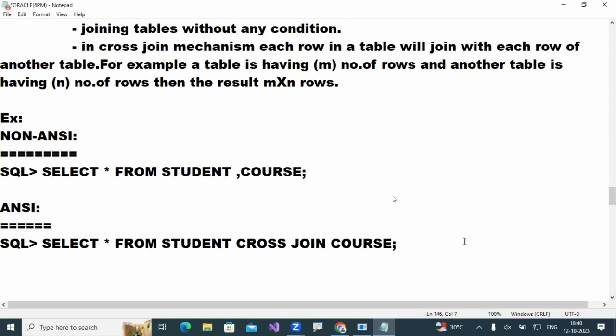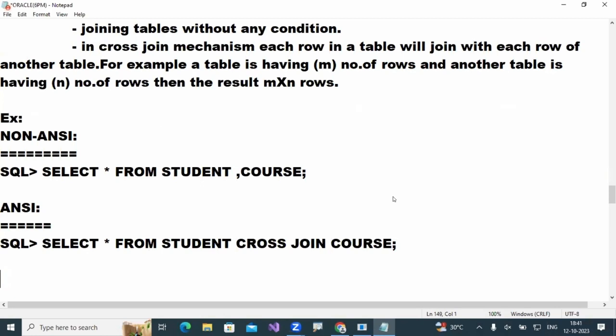Okay. So where do we use it in real time? For example, nowadays we can see all computerized bills. Yes or no? If you go to any shopping mall, maximum everything is computerized. Those computerized bills, how are they generated? In that application, they are using cross join.